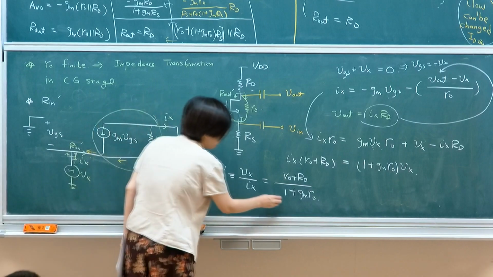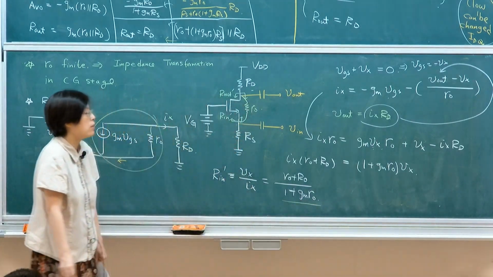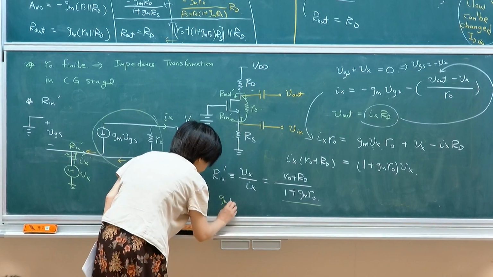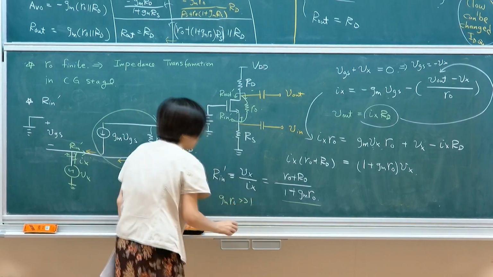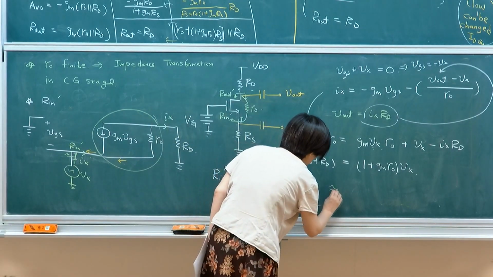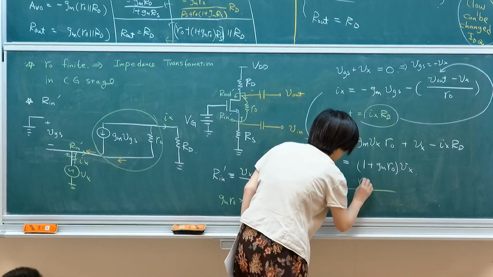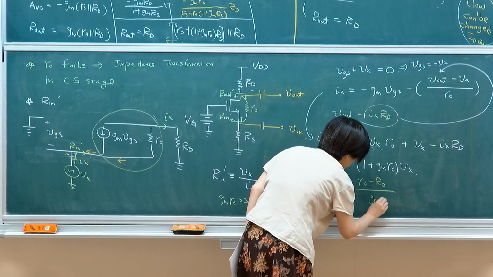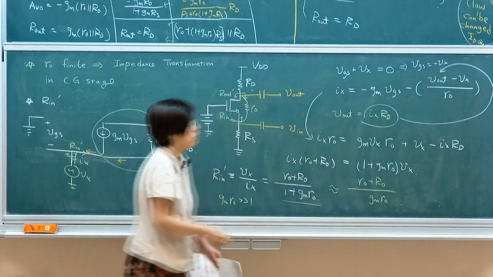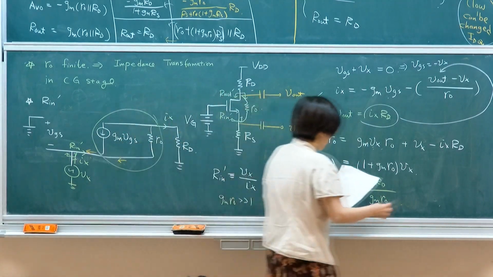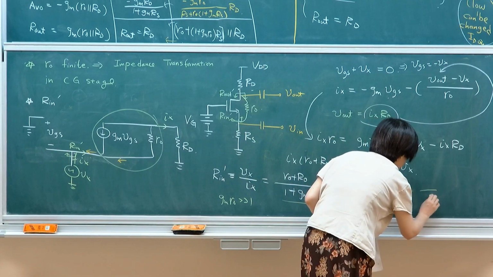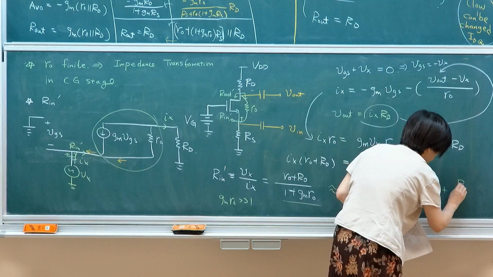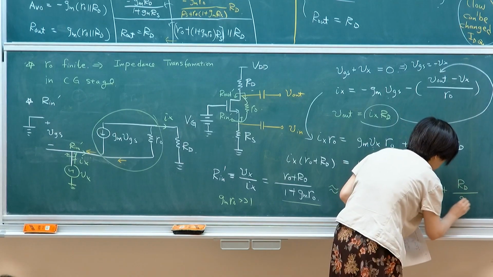So this is the exact equation, but in most cases we know that gm RO can be larger than 1, so this would then be approximately (RO plus RD) over (gm RO).